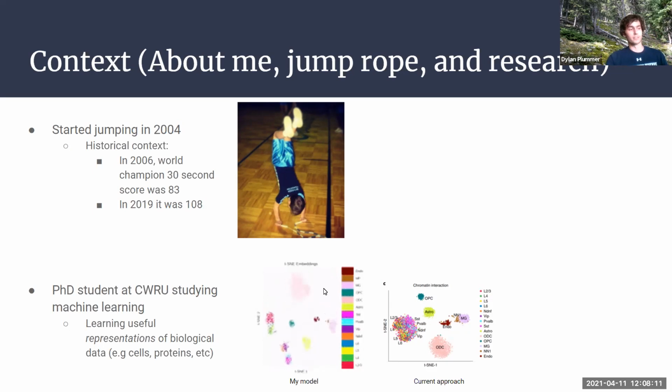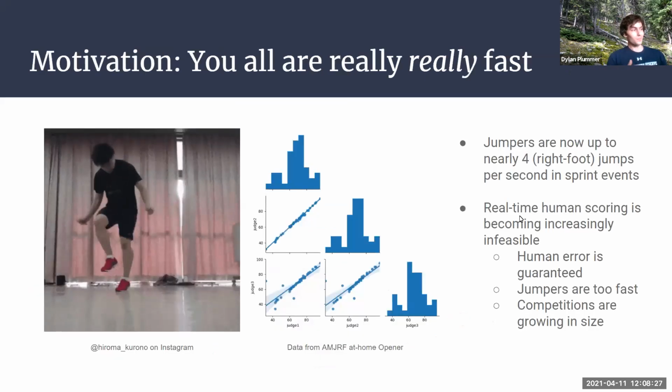All of these are different cell types from the prefrontal cortex. If you compare my approach to one of the most used current approaches, you can see I separate out some of these self-similar cell types. So by learning useful representations, you can do some really powerful analysis. And that's hopefully where I can apply this to speed.